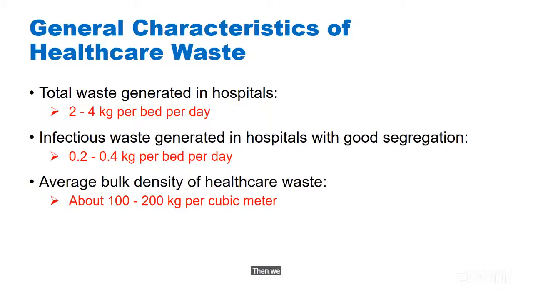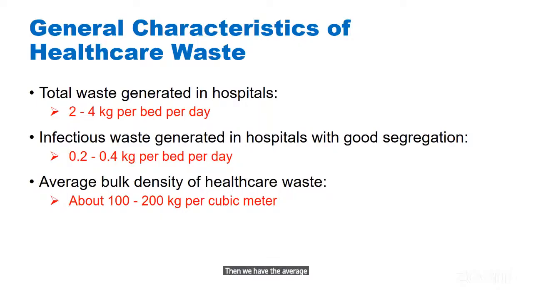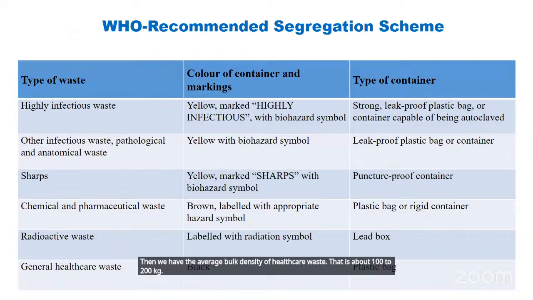Then we have infectious waste. Per bed, we only have 0.2 to 0.4 kg. That means infectious waste needs a high level of treatment when it comes to disposal. Then we have the average bulk density of healthcare waste, which is about 100 to 200 kg per cubic meter.